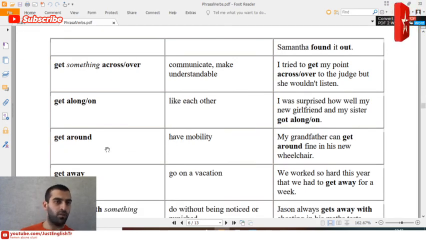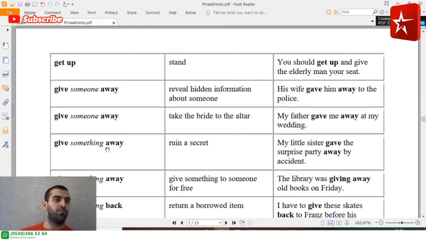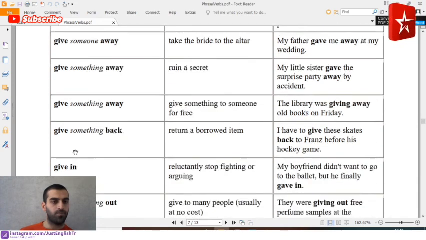Like here, we have a lot related to the verb get: get along, get on, get around, get away, and we have get up, give away. As you see, we have the main verb give and give away, give back. They have a different meaning here.